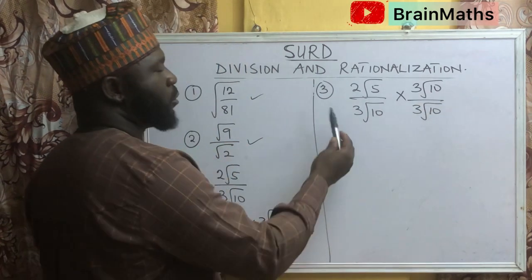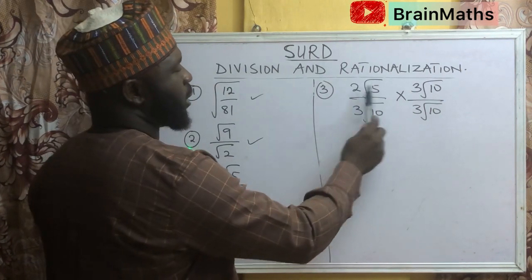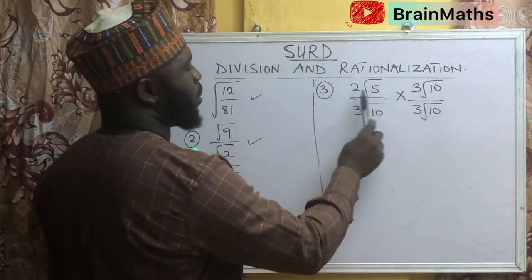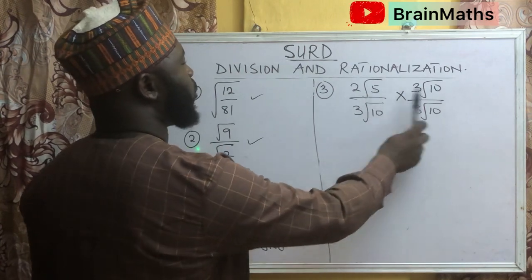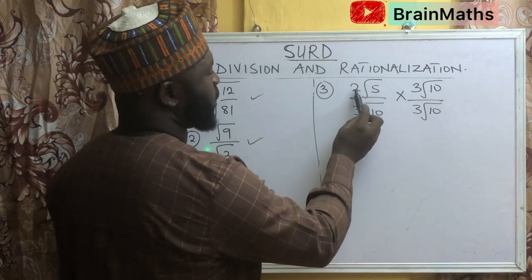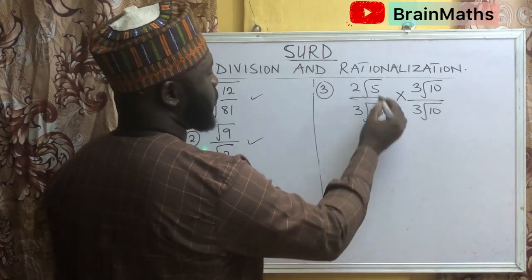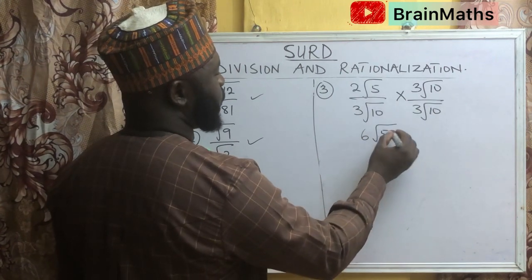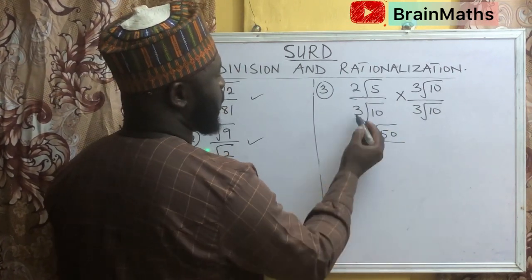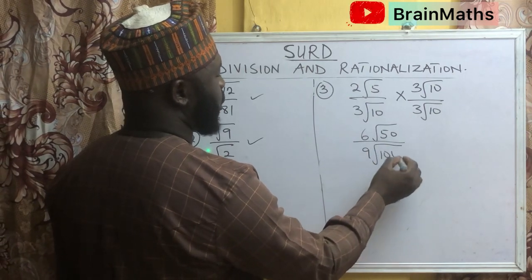Don't forget that when you are multiplying out, you have to take care of whole numbers by whole numbers and whatever is inside the roots by another root. So this is going to be 2 times 3, 6, root 5 times 10, 50, over 3 times 3, 9, and 10 times 10, 100.